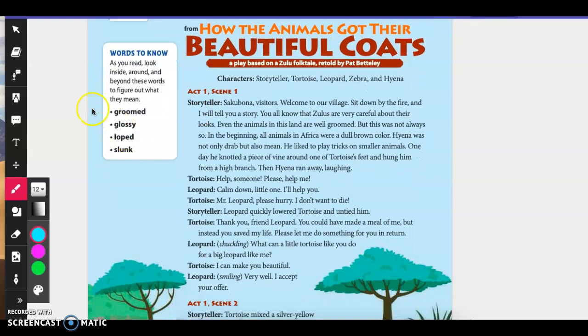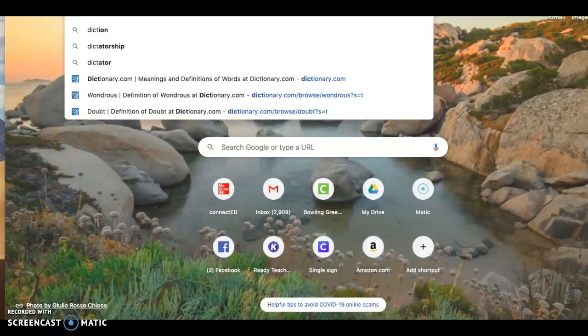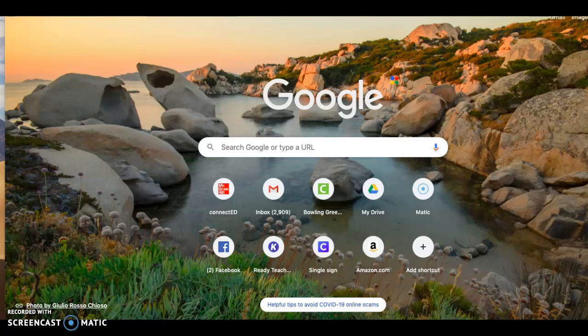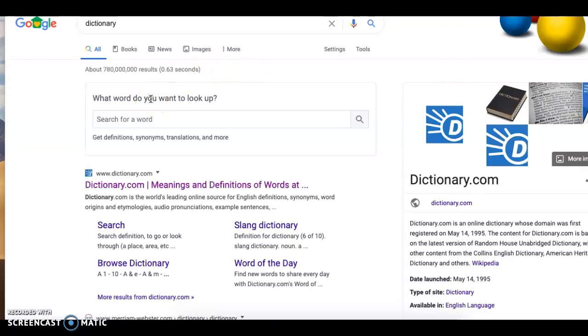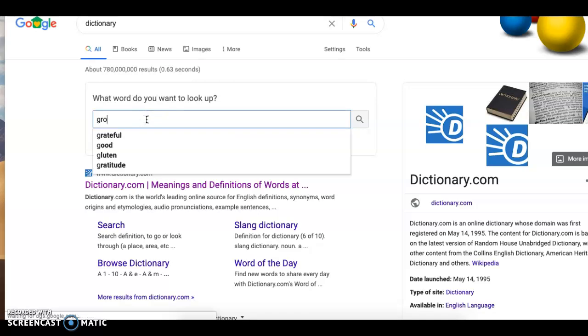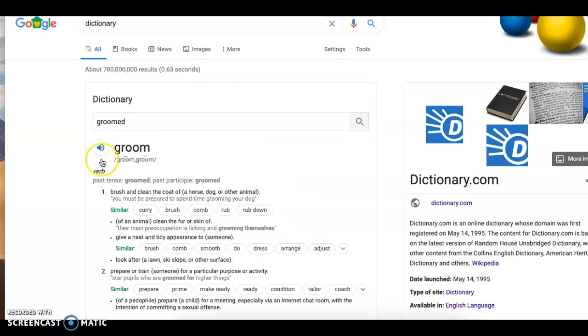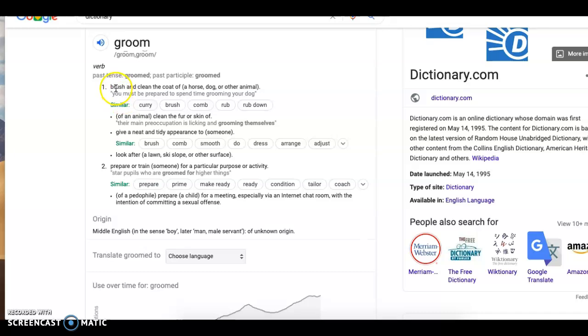Great, so today some words that we are going to be reading about are the word groomed. And if we go to a dictionary and we look up the word groomed, we see that the meaning is similar to like brush or clean a coat on a horse or another animal, or to clean the fur or the skin, or to give a neat and tidy appearance to someone.